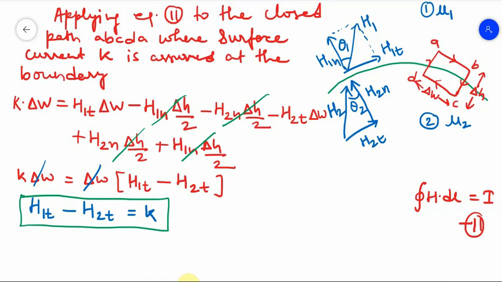Now we have the relation B equals mu H, so H can be written as what? B upon mu.